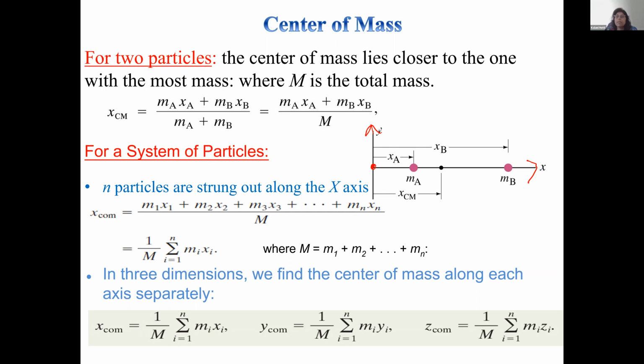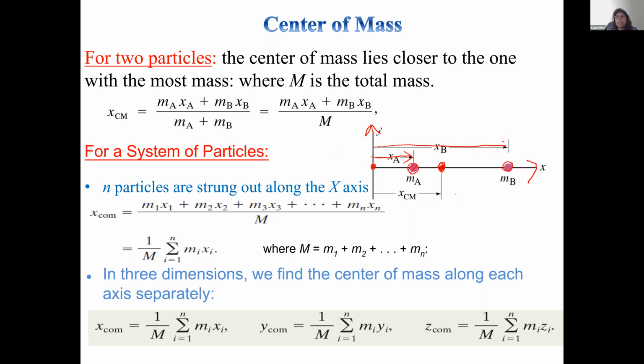As an example, if I have an object of mass MA at distance XA from the origin, and an object of mass MB at distance XB from the origin, that means the center of mass that I decide here is in between these two, and I am measuring with respect to the origin.